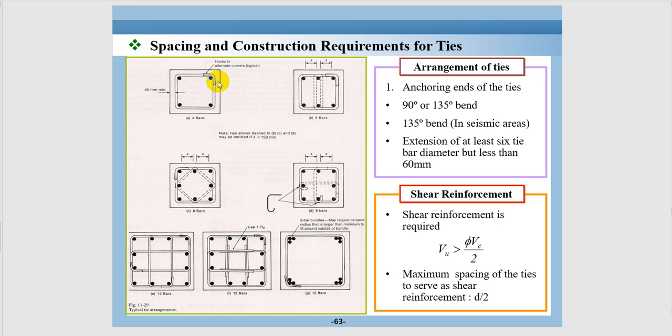If the clear spacing of longitudinal bars is less than 150, then we don't need these ties. All right, we don't need these ties. So I should say omit, delete, all delete. Right, all these ties are needed when your clear spacing of longitudinal bars exceeds 150 millimeter.